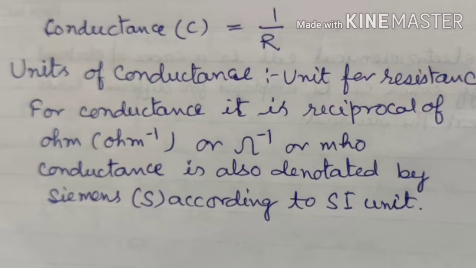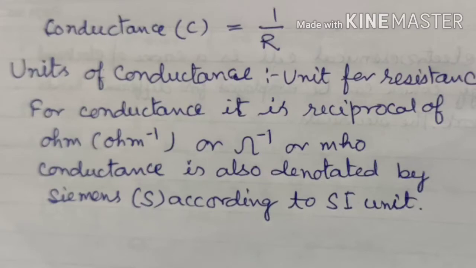The units of conductance. The unit for resistance, you know, is the ohm. For the conductance, it is the reciprocal of ohm, that is ohm inverse, or mho.